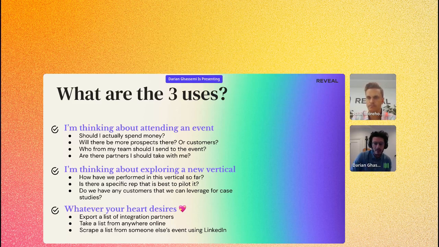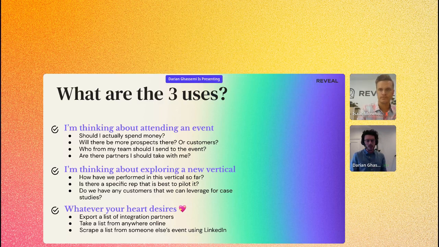This isn't an industry you haven't had much success in, but you've had a couple of customers here. You can import that data into Reveal to get a really good idea as to how have I performed in this vertical so far? Are there specific reps that I think might be relevant to pilot it? And do we have any customers that we can start off with to maybe have some use case stories, user stories that we can give our reps more ammo as we start to go into this vertical?